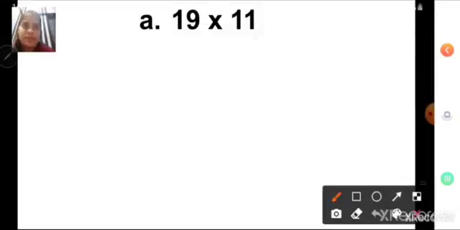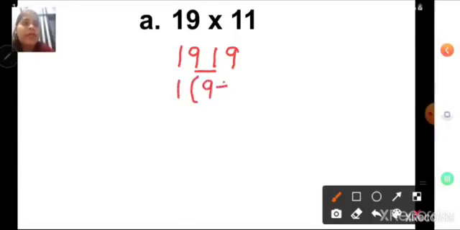First you observe how we have to solve it. 19 into 11. So 19 we have to repeat 2 times. 1 9 1 9. Then only the middle number you have to put in bracket. So 1 I will write it as it is. Then I will put a bracket.